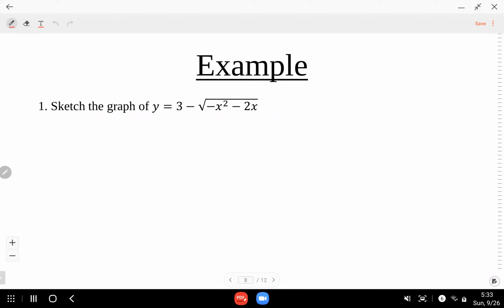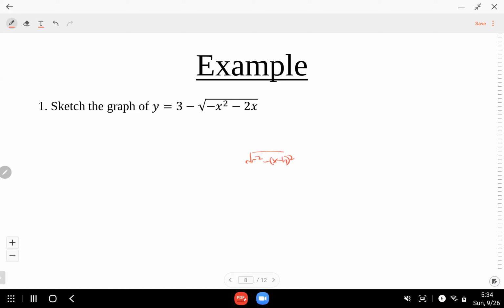So we need to sketch the graph of y equals 3 minus the square root of negative x squared minus 2x. How are we going to do this? We need to complete the square, because we don't look like we have a radius right now. It should be the square root of r squared minus x minus h squared.